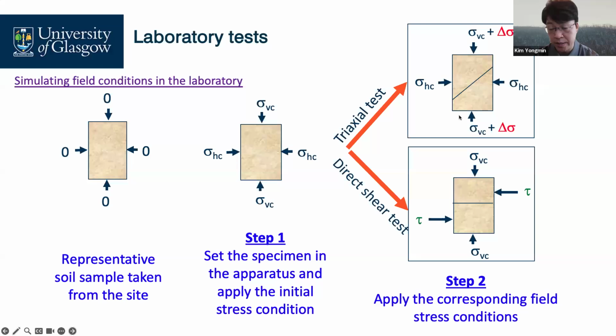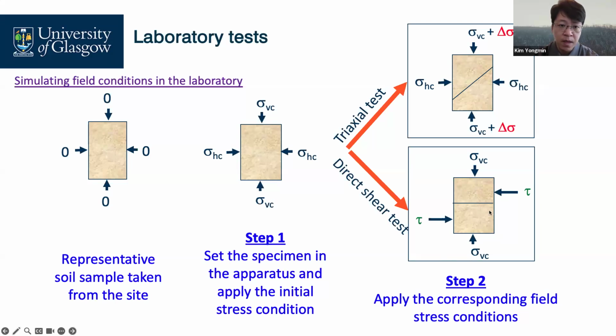at a certain angle about our horizontal plane. These direct shear tests are similar conditions. This tau, shear stress, forces the soil to fail along this plane. It is also shear failure. In our school, we have these two pieces of equipment, and this direct shear test is quite simple.